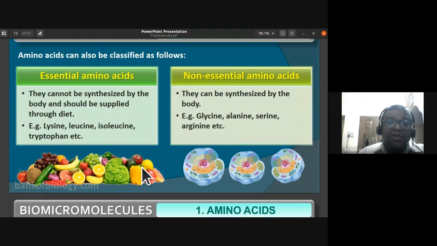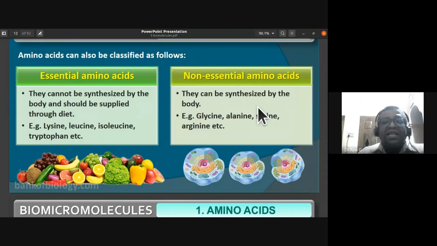The essential amino acids cannot be synthesized by our body, and they should be obtained only through the diet. They're all essential amino acids.